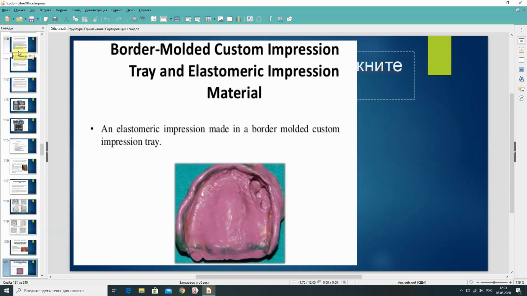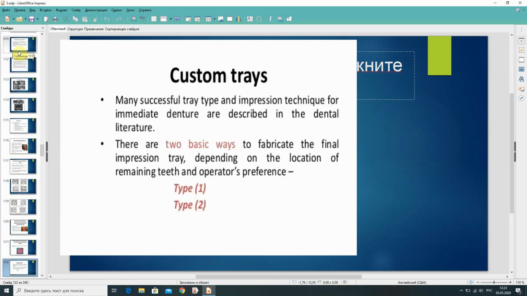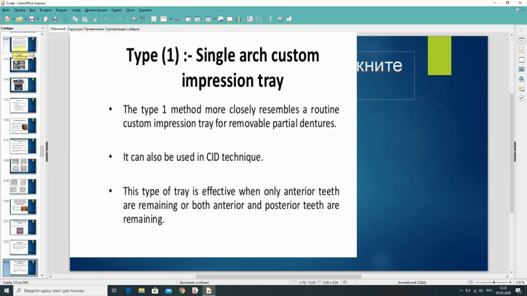Border molded custom impression tray and elastomeric impression material. An elastomeric impression made in a border molded custom impression tray. Custom trays. Type 1: single arch custom impression tray.